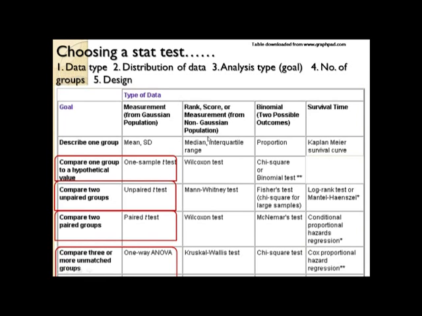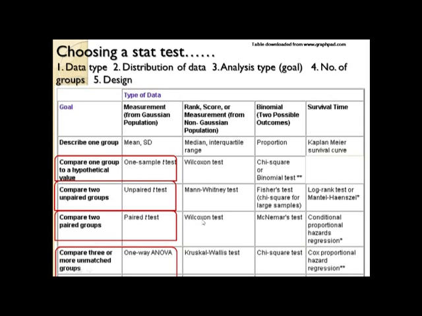Now, as I said earlier, if you have the same situation but you have three or more unmatched groups, that means three groups or more than three groups which are unrelated to each other, you are going to apply the one-way ANOVA. And before that, if you have only one group and you want to test whether this group is significantly different from a hypothetical value. What is this hypothetical value?